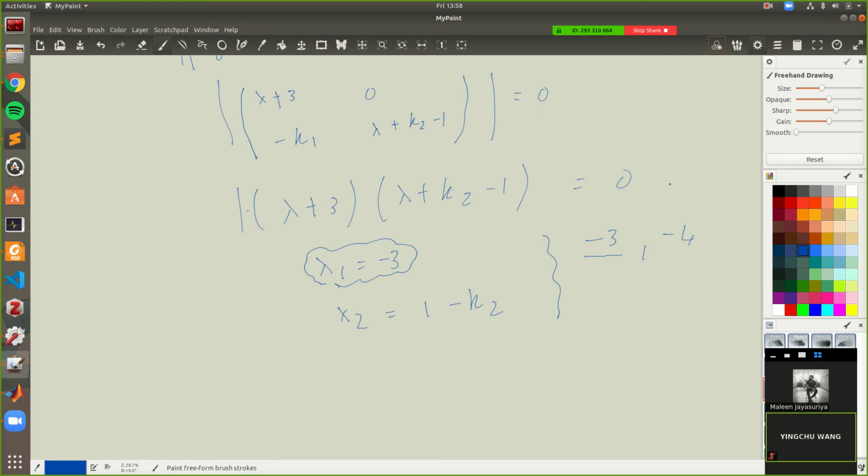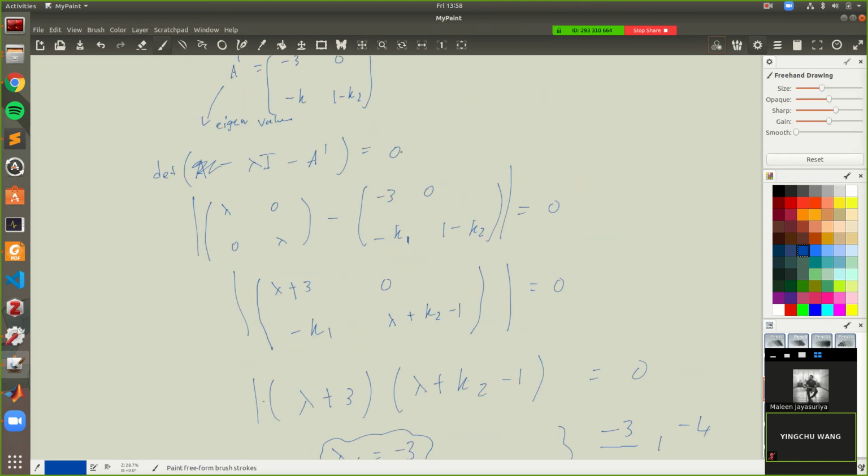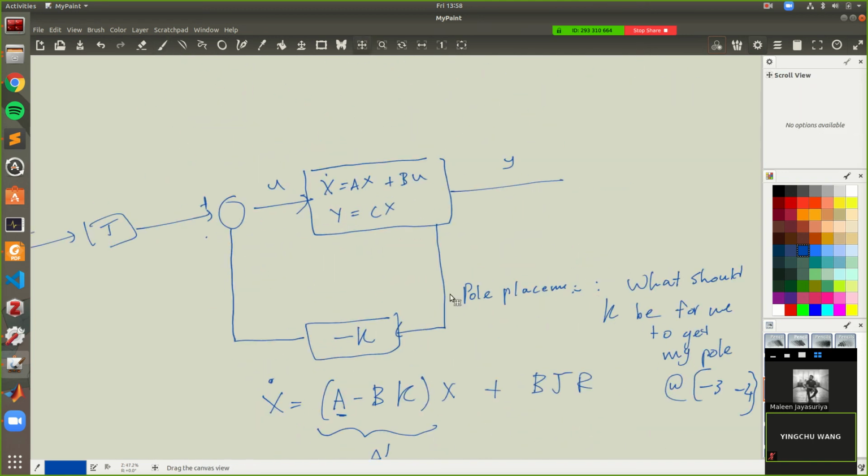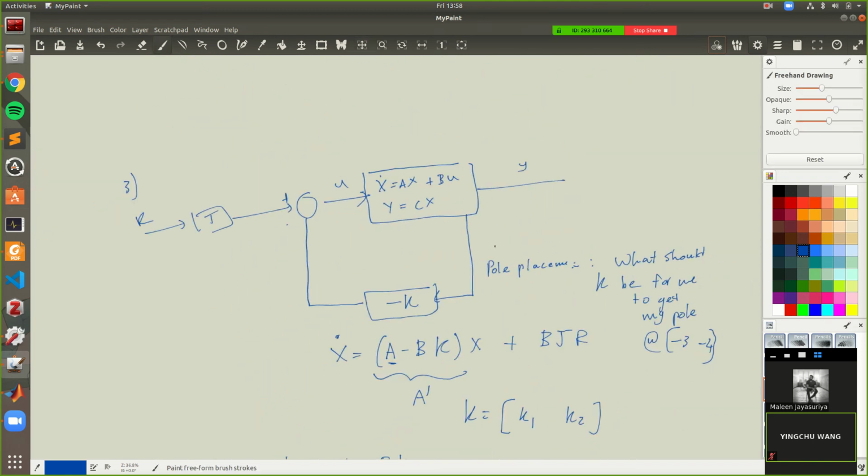So if we want to place the pole at minus 4, what should k2 be? You just substitute lambda 2 as minus 4 in 1 minus k2. So k2 will be equal to 5. What that means is, if I created a controller with a sensor measuring my state inputs and fed back that state with a gain matrix, all we have to do is multiply it by this matrix k1, k2.